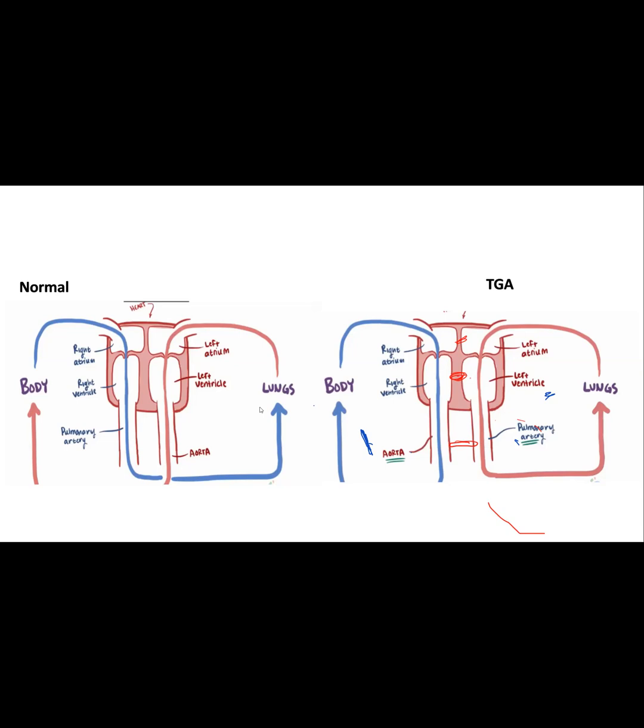And also, less commonly, babies can have levotransposition of the great arteries. This basically means that the aorta is primarily to the left side of the pulmonary arteries. So in this form, the great arteries are still connected to the wrong ventricles, but the ventricles have switched places along with their atrioventricular valves.